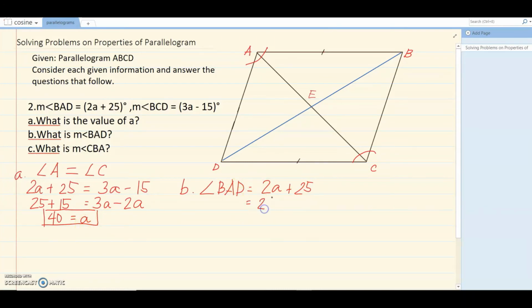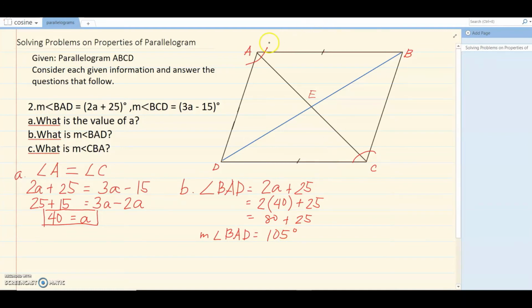So that's 2 times the value of A, which is 40 plus 25. So 2 times 40 is 80 plus 25. So the measure of angle BAD is 105 degrees.